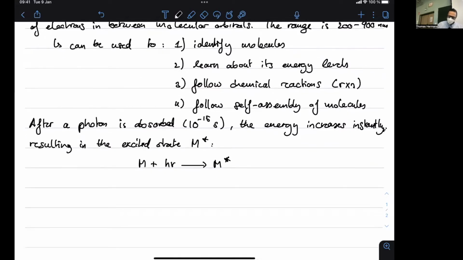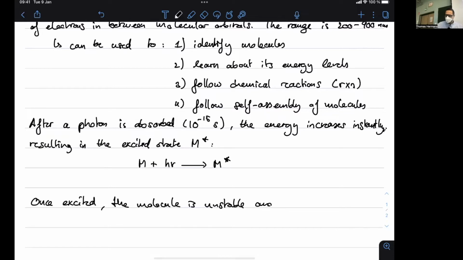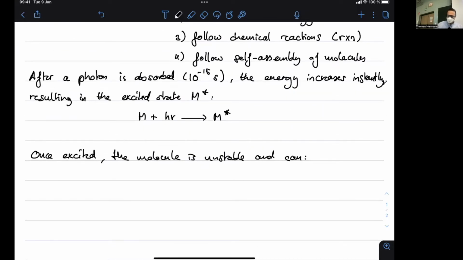Okay, so once excited, the molecule is unstable and can, okay, what can the molecule do? We already looked at a couple of possibilities, right?